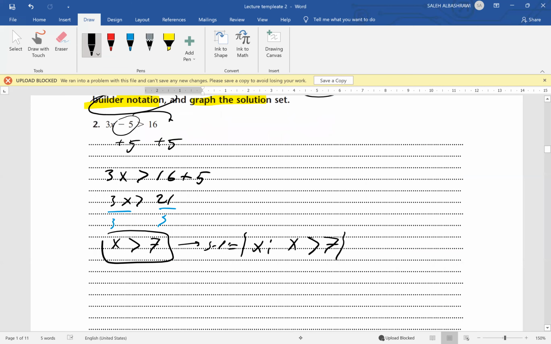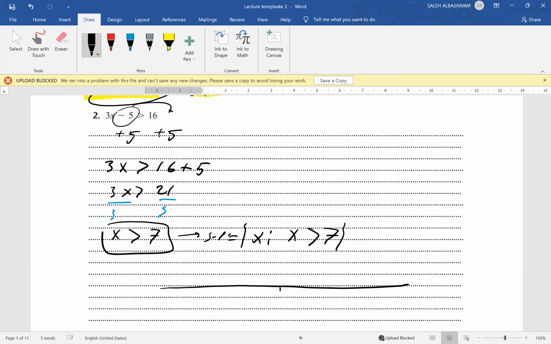To graph the solution for this one, let's say 7. Since we have greater than, we have an open circle, meaning 7 is not included. And greater than, go to the right. So this is the graph of the solution.